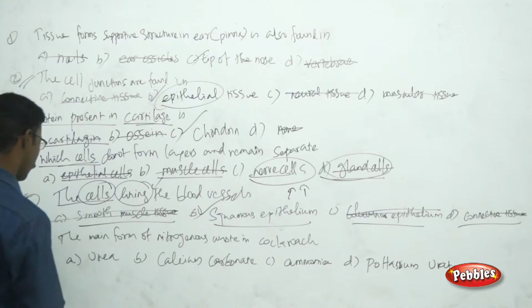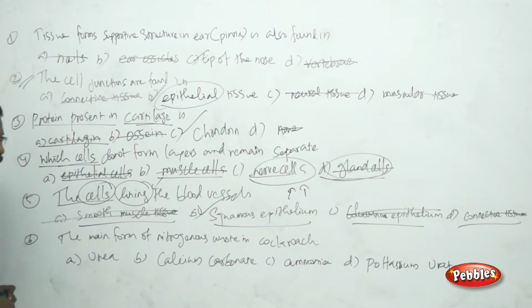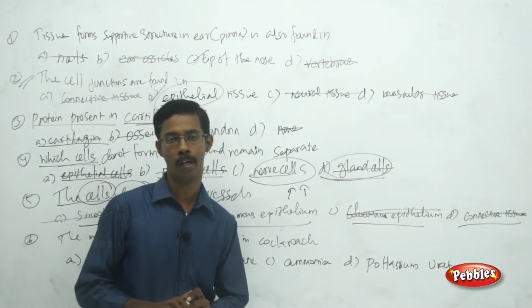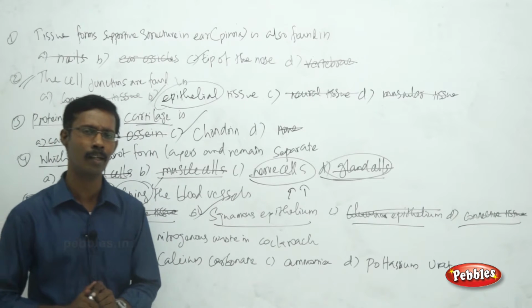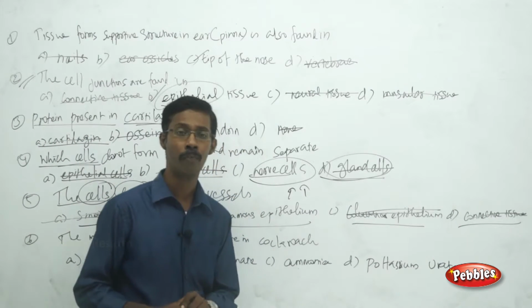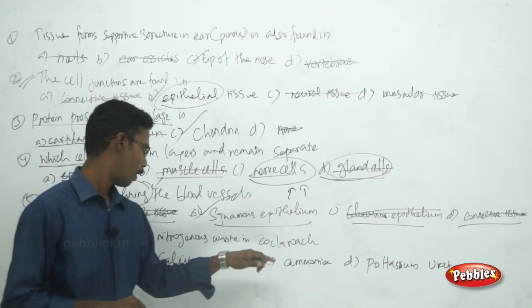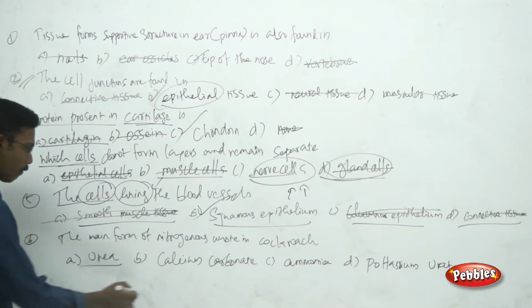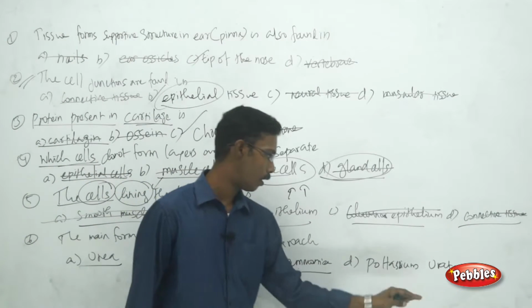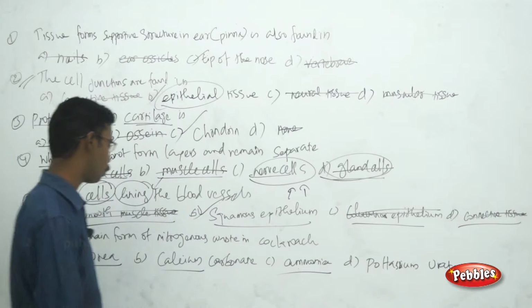Okay, and see the next question, the main form of the nitrogenous waste in cockroach. As I told you, the cockroaches are uricotelic animals. They excrete the waste product by means of the Malpighian tubules in the form of uric acid. As I told you, there are choices given for you: urea, calcium carbonate, ammonia and potassium urate. You may attempt to choose urea.